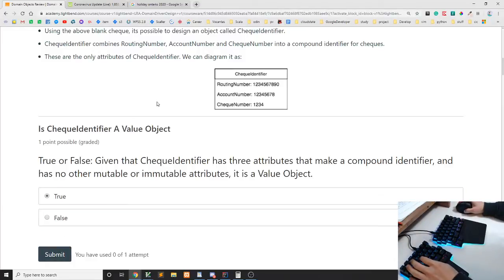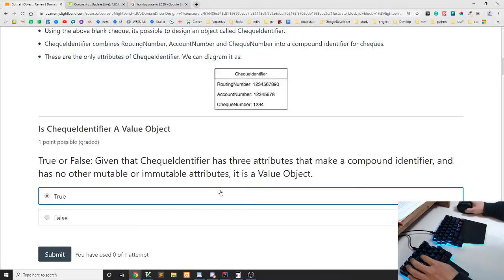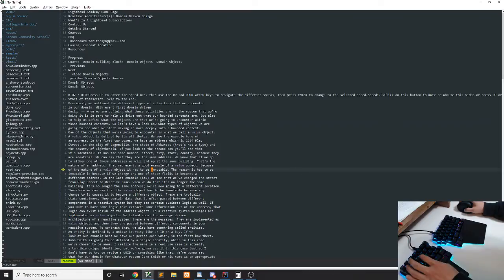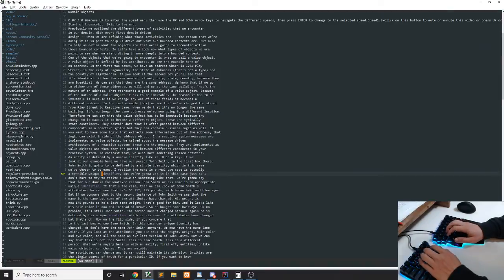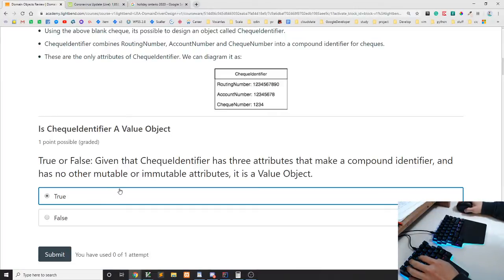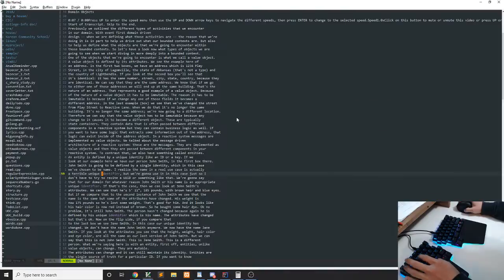So once again, if I go back to the previous section, I know it is true, but what I'm trying to double check is that the value object's attributes are all part of the identifier.